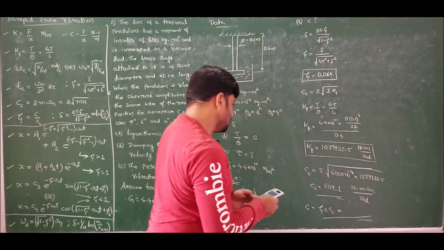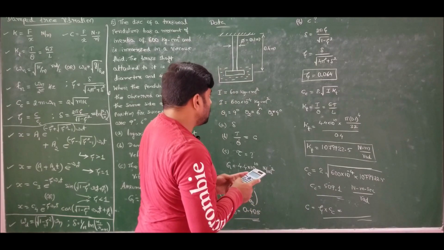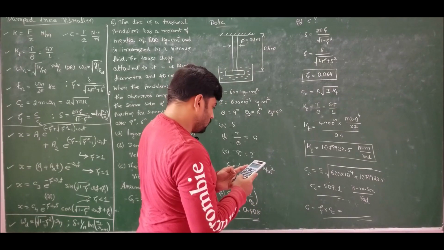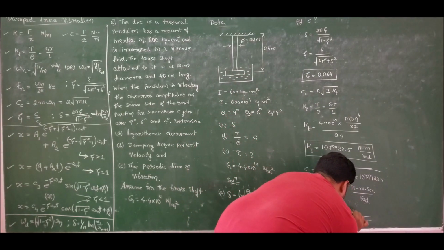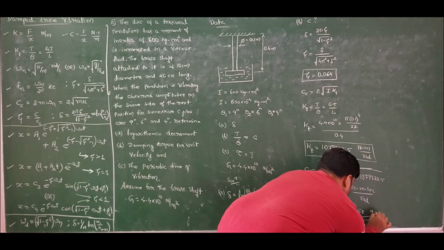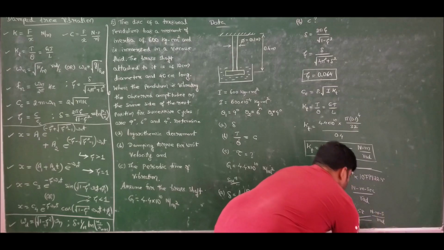So how much will you get? Zeta times Cc, this should be multiplied by zeta, which is 0.064, that is 32.58. 32.58 Newton meter second per radian is the unit.